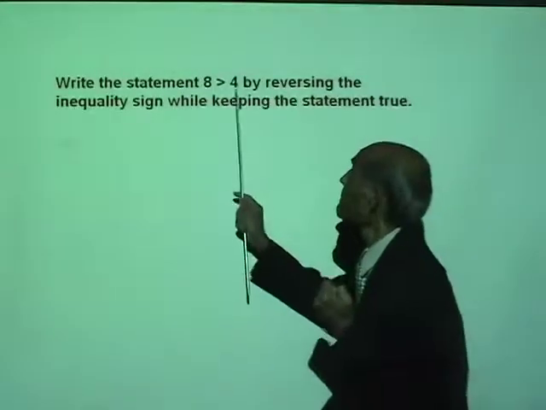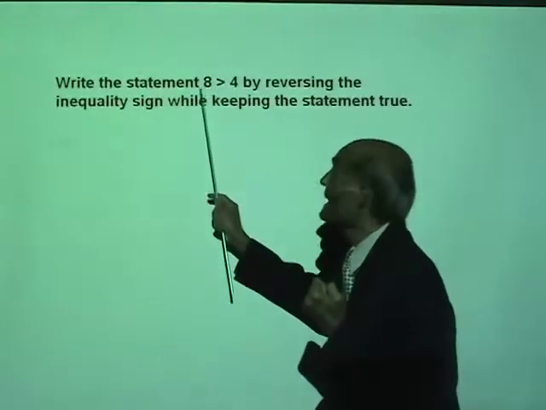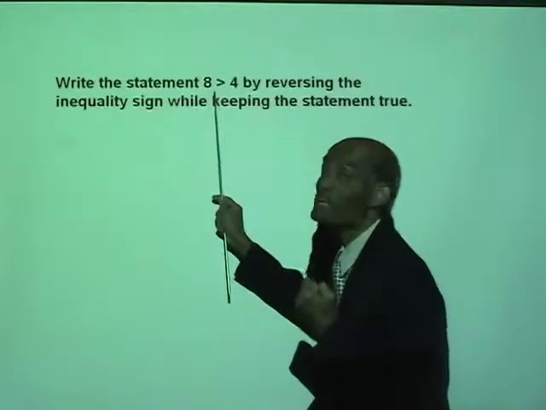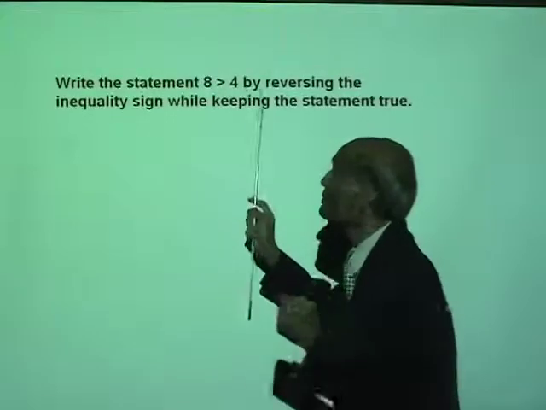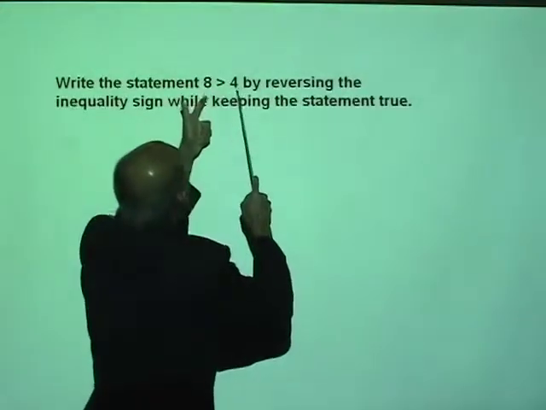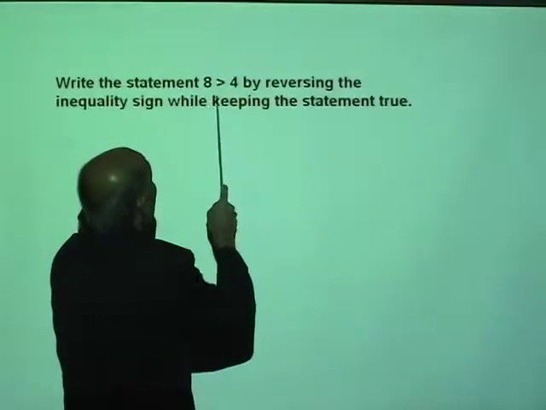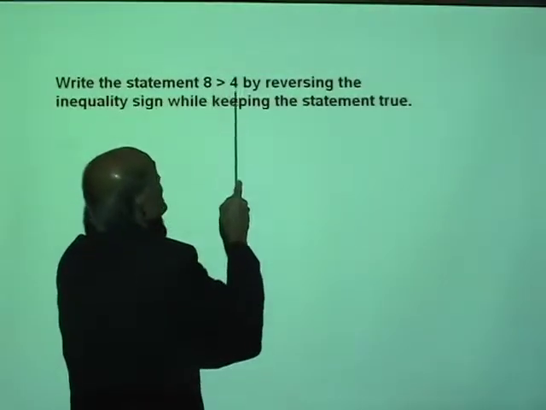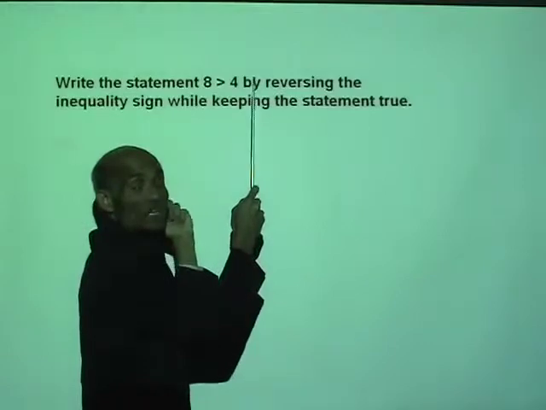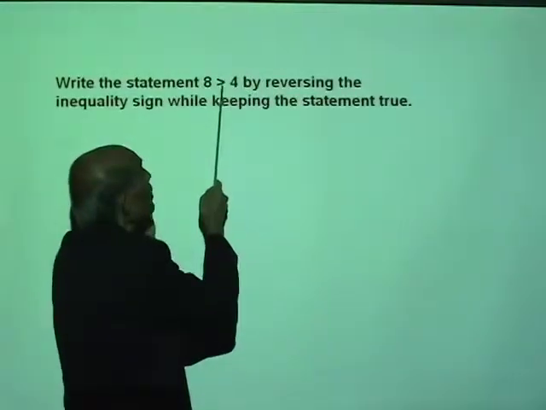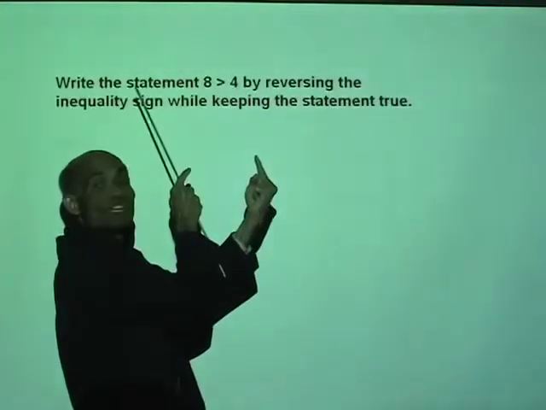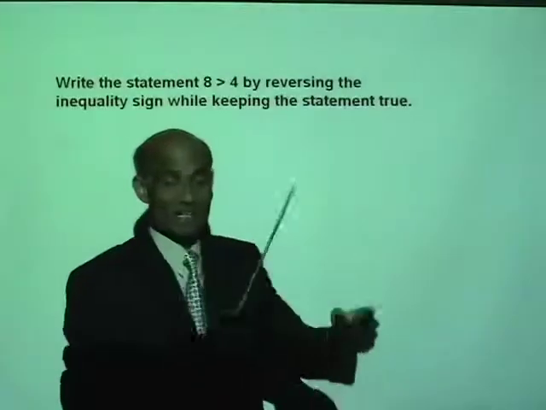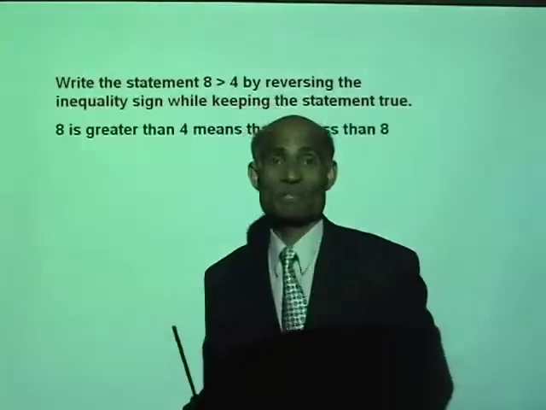That means if you have a true inequality statement, you can exchange the positions of the numbers, bring 4 to the left and 8 to the right, and still make the statement true by reversing the inequality. You see? A very important property.